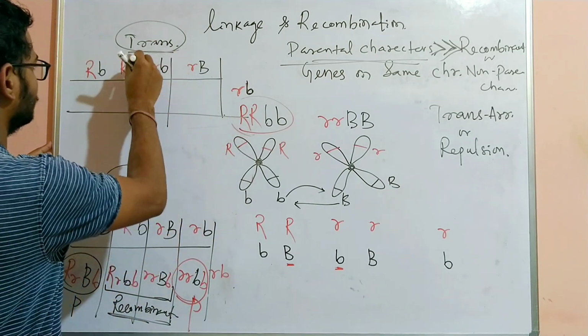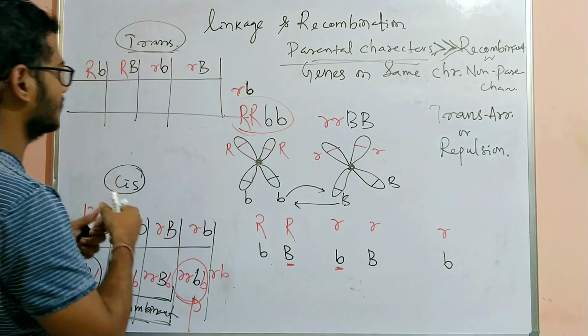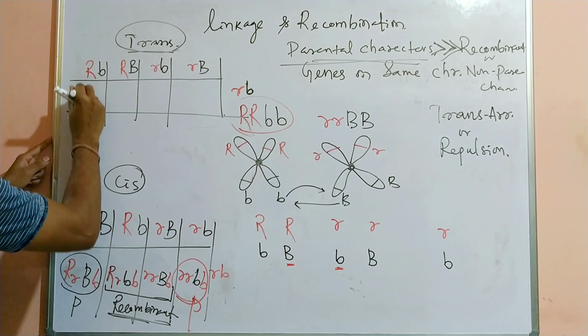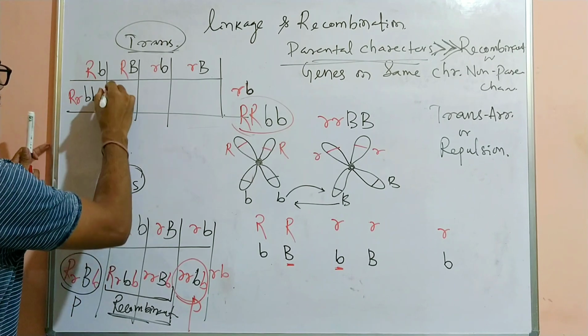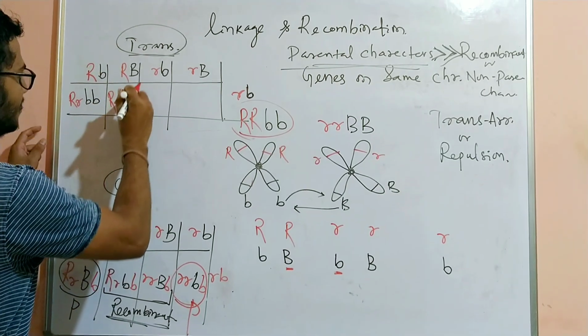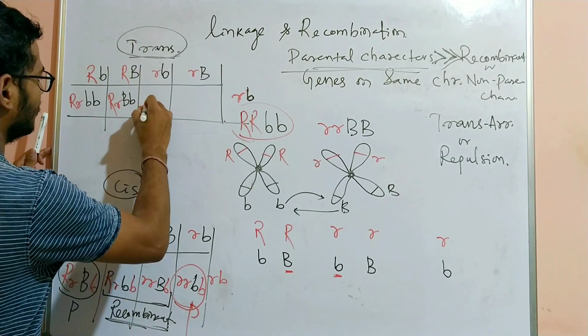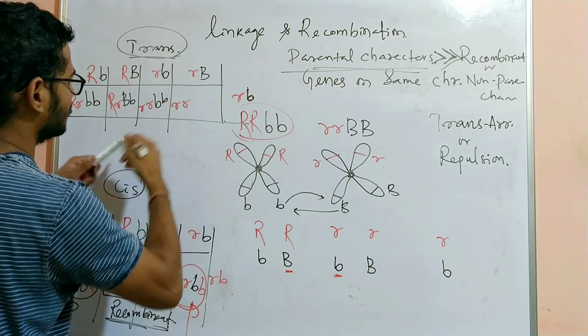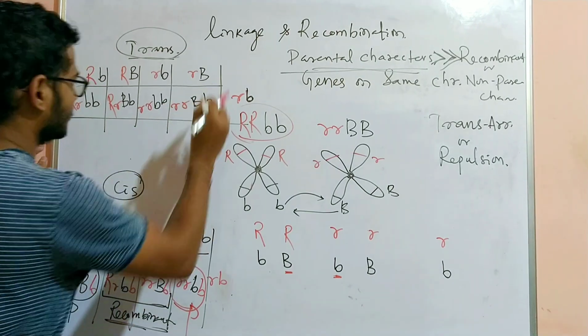So what are the results? Let's write here: capital R, small r, small b; capital R, small r, capital B, small b; small r, small r, small b; and small r, small r, capital B, small b.